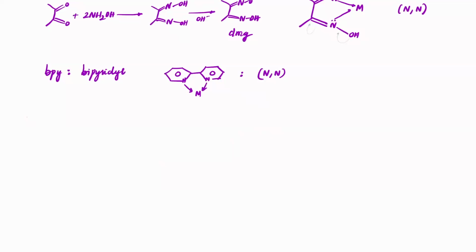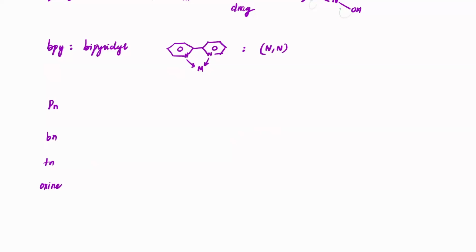Got it? Next, these are the ones which are mainly asked for Advanced, but you should definitely know the naming. So PN, BN, TN, then oxime. Please remember it this way: PN, BN, TN, oxime. The first one is propylene diamine. This is butylene diamine.